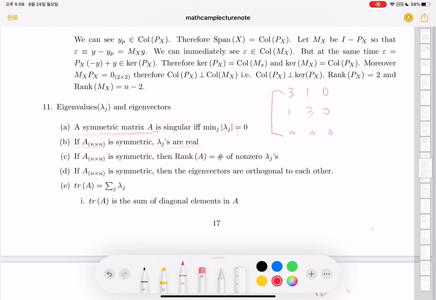This is your A, and it is symmetric, so the eigenvalues have to be real. It's not full rank, actually. The rank of A is 2, as you can see.